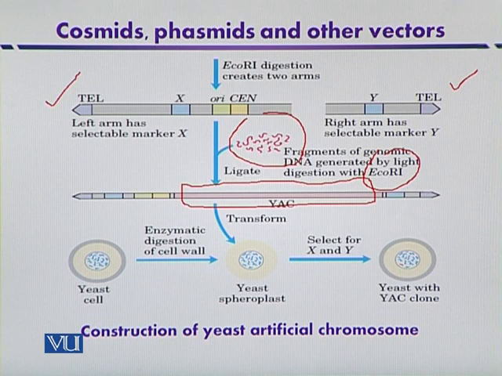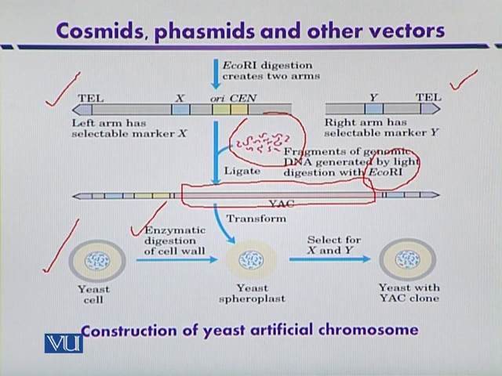When the recombinant yeast artificial chromosome is produced, it can be used to infect the yeast cell. The yeast cell can be further treated with different types of enzymes. Suppose this is a yeast cell; it can be treated with enzymes so that its cell wall is digested and you get a spheroplast. Spheroplast means it is also a type of protoplast that is cell wall-less, and now it is easy to infect.